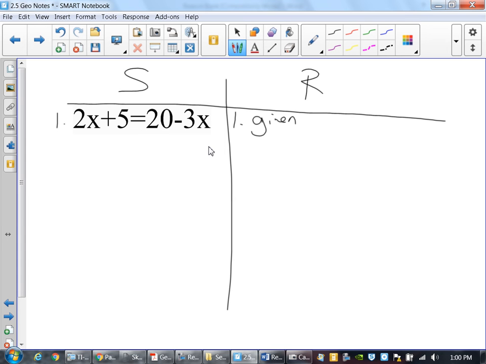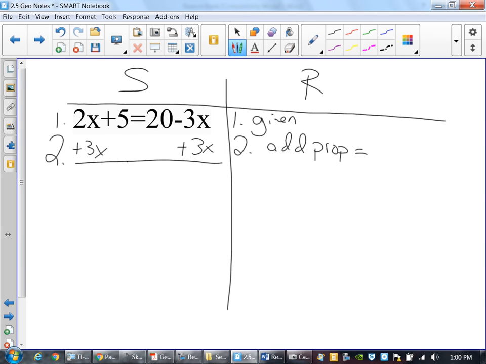Add. So my second step after writing down the given is to add the same thing to both sides of an equal sign. When you add something to both sides of the equal sign, what is it called? Addition property of equality. You're literally writing down what you did.